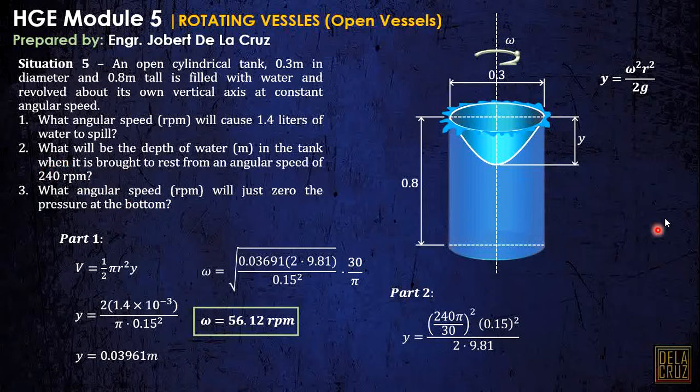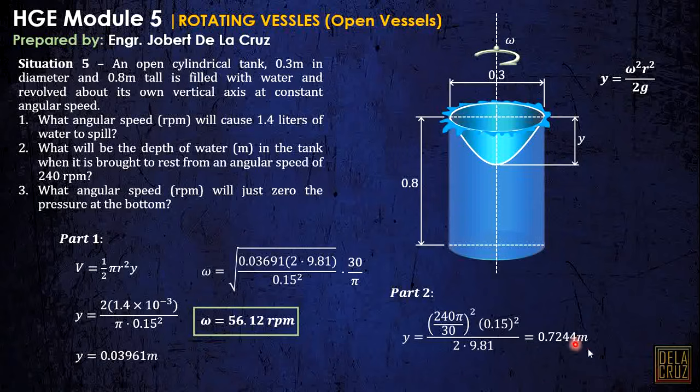So by using this formula, kukunin muna natin yung y. So omega squared, so omega converted to radians per second. In this formula, dapat radians per second. RPM converted to radians per second, so times pi over 30. Then baliktad naman siya, gawin natin siyang radians per second. So diretso ko na lang. Okay? We have the value of 0.7244.